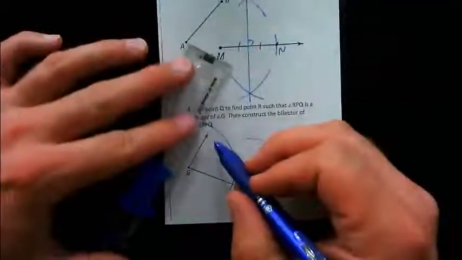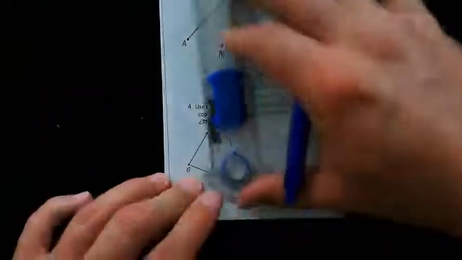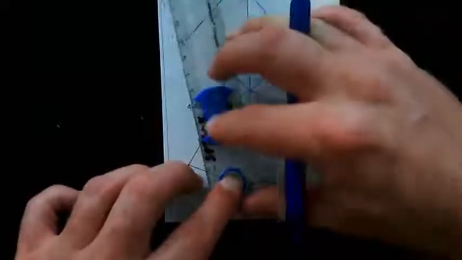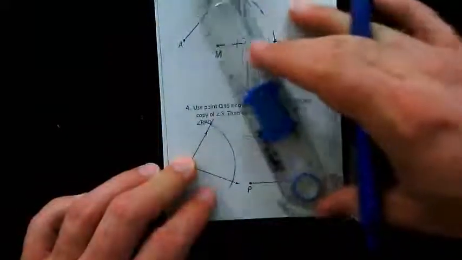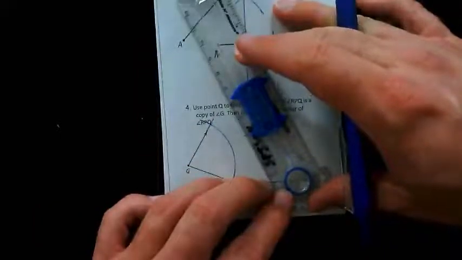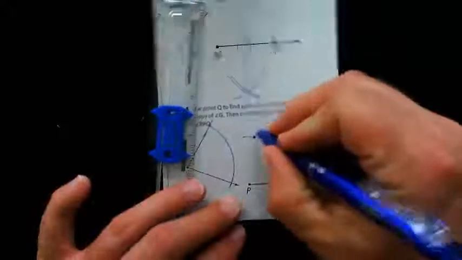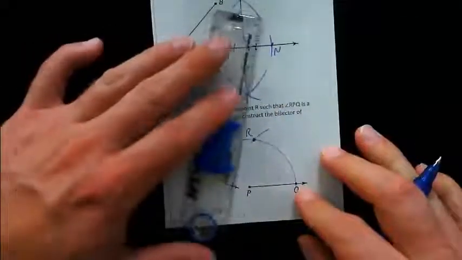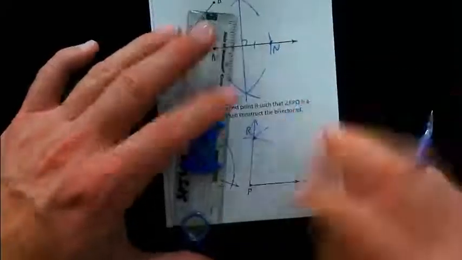Again, it wasn't long enough this ray to hit that arc, so we can extend it. We open up our compass to the width of the two intersections of that arc on the two different rays. We copy it over to point Q, so go to point Q, mark it off. Again, if I mark this properly, this should actually be point R now. And then draw my ray.